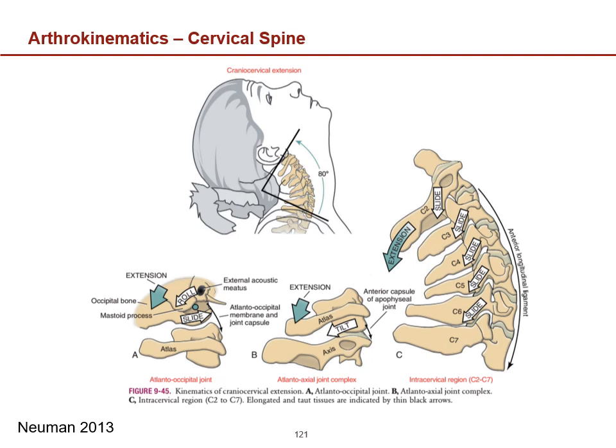If you look at the small image there, A, where you have the OA joint, there's going to be an ipsilateral roll in the same direction as extension with a slide of the condyle anteriorly. When we're looking at the AA joint complex, there's going to be an ipsilateral tilt.